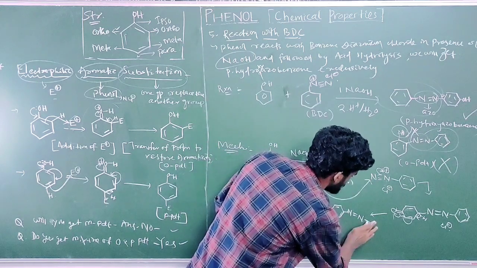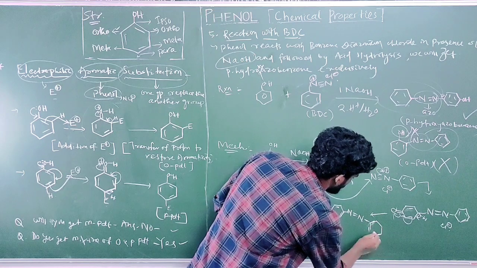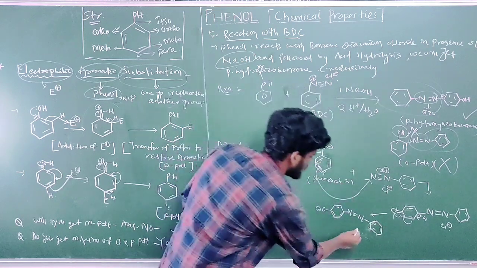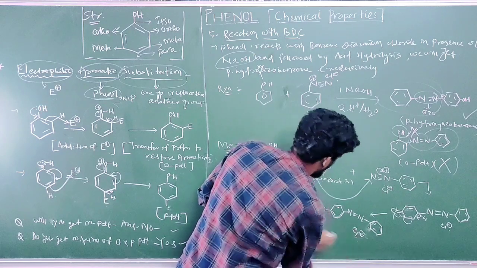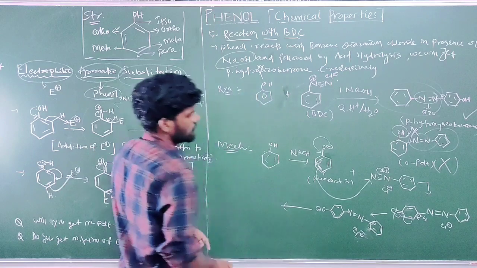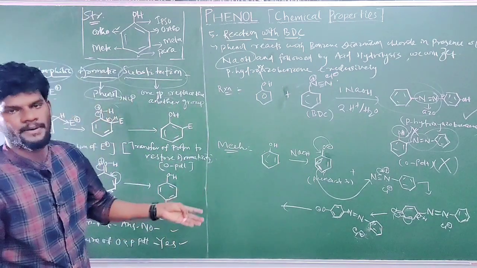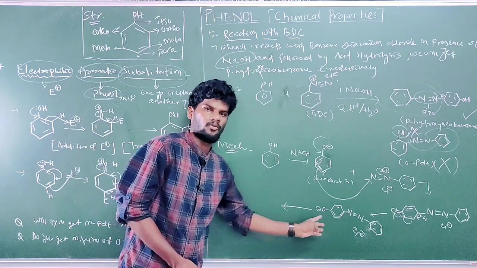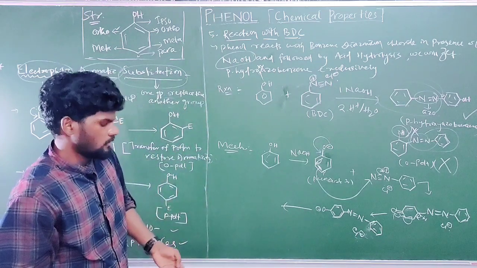Okay, this is the structure, and Cl minus is present. So now here are O minus and Cl minus. To neutralize the counterpart Cl minus, and here O minus needs one proton to form phenol.